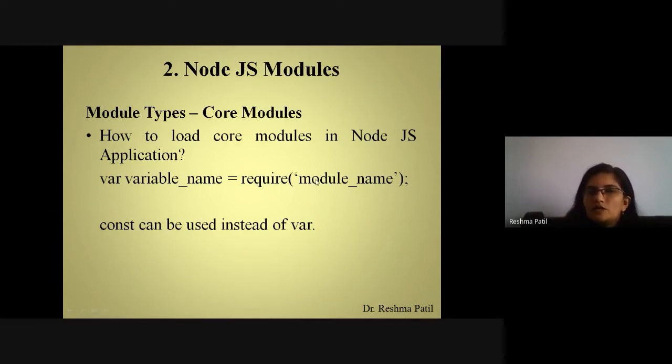After that we can use this module inside our program. It will work like your hash include iostream.h, hash include stdio.h. When you include that library, at that time you can access the functions available in that library. In the same way, when you add this code into your program, you can use the functionality of that module in your program.